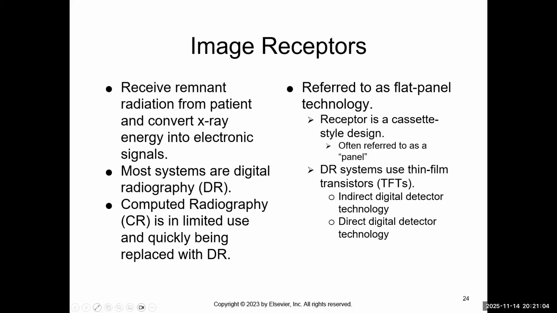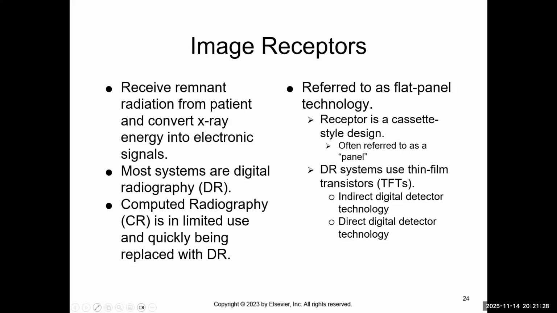With your DR, most of them are going to be your flat panel detector technology. It has these TFTs in them that are going to collect the electronic signal and eventually be converted into that digital signal that creates that image that is on your computer screen.